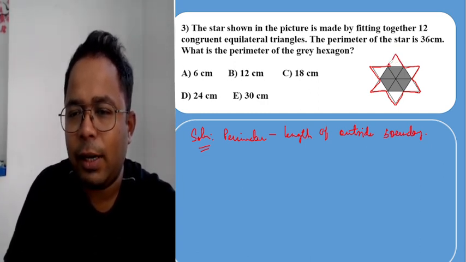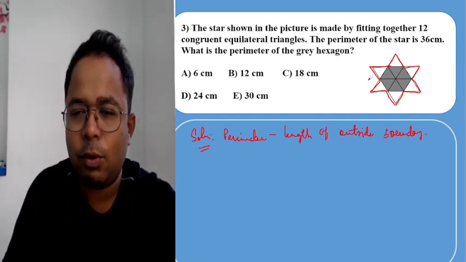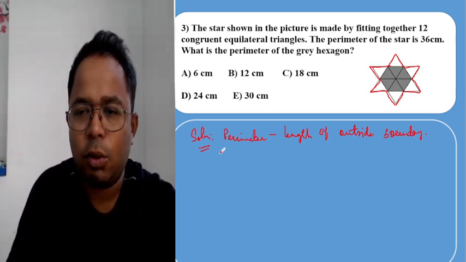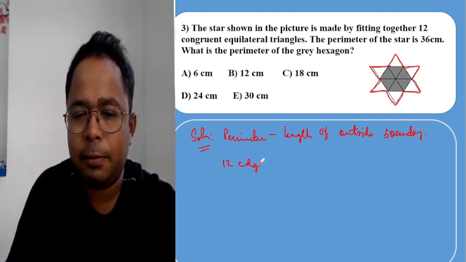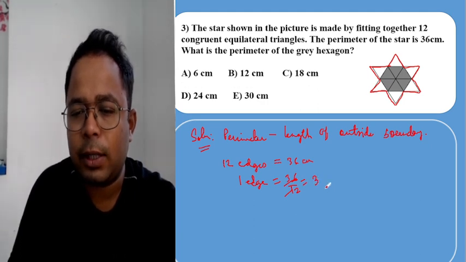In each triangle we are taking two sides. So 1, 2, 3, 4, 5, 6 triangles means 12 sides in the perimeter. So 12 edges is equivalent to 36 centimeter. One edge would be 36 by 12, that gives you 3 centimeter.